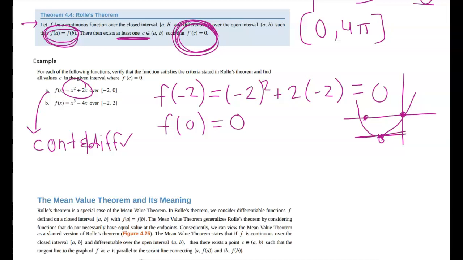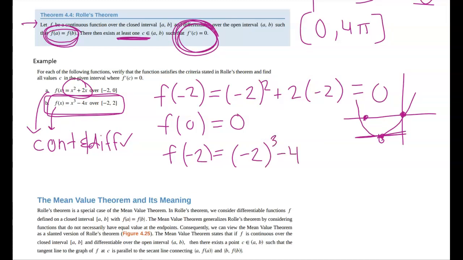All right, let's look at our second example right here. f of x is x cubed minus 4x. Again, it's a polynomial, so we're continuous and differentiable. F of -2 is -2 cubed minus 4 times -2.